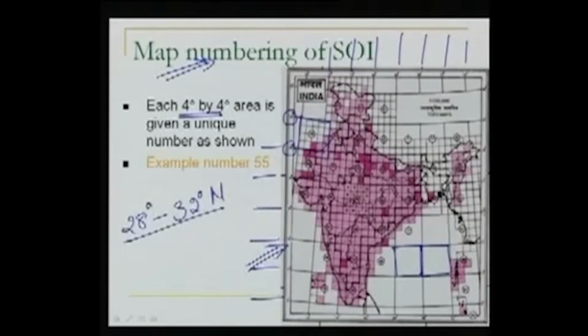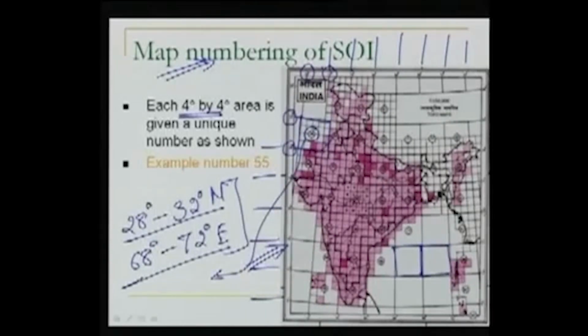That's the latitude. And as well as it extends here 68 to 72 east. So within this extent, the number of the block which is given over here is 39.